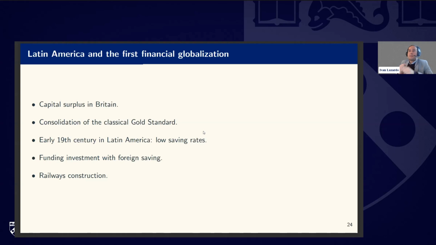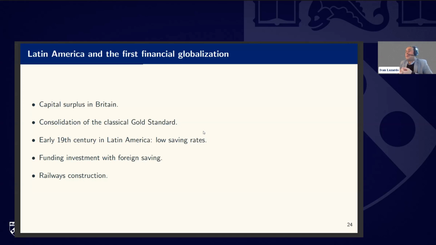So you have liquidity, and you have the consolidation of the classical gold standard. The classical gold standard is essential to understand the first wave of globalization because that reduced the currency risk. For countries in the core, it was less risky to invest in peripheral countries because you had the guarantee that several of these countries joined the gold standard.